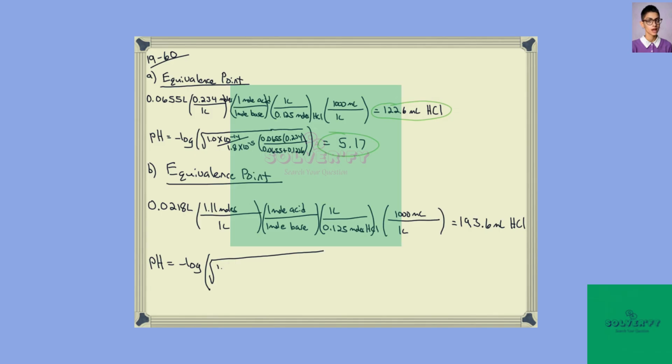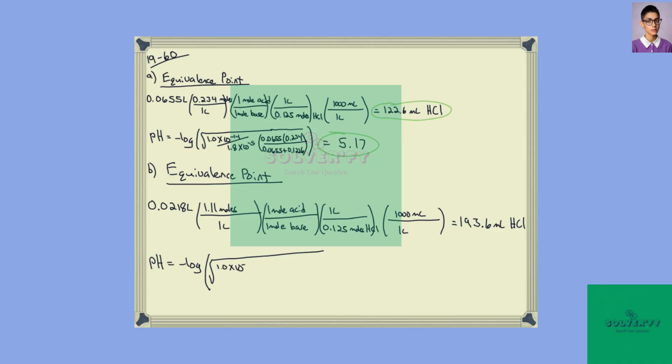Well, all of the methylamine has been converted into its weak conjugate acid, methylammonium. So what we need to do is calculate the concentration and the Ka value for the conjugate acid of methylamine. Then, if we multiply those two values together and take the square root, that will give us the hydronium concentration.